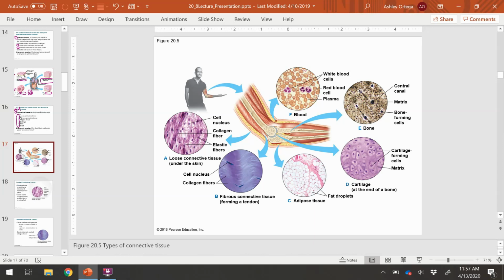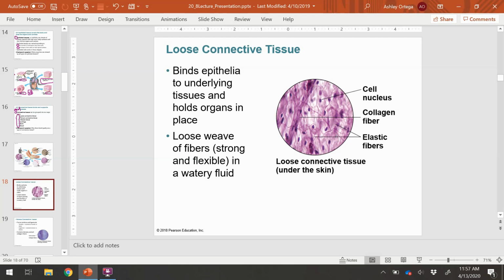And so looking at the first group, loose connective tissue, you can see its main function is binding epithelial, so the skin, to underlying tissues, and also holding organs in place. This is made up of a loose fiber material and a watery fluid. And so you can see that here in the image that it's loose connections.